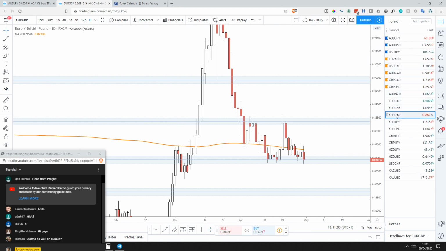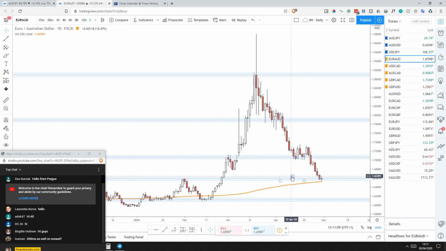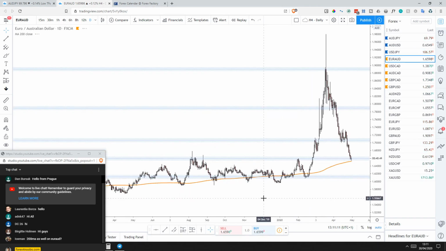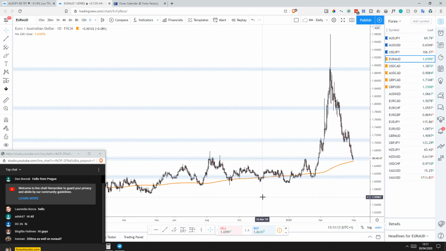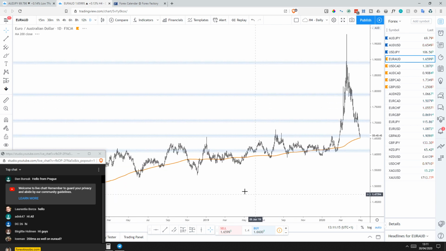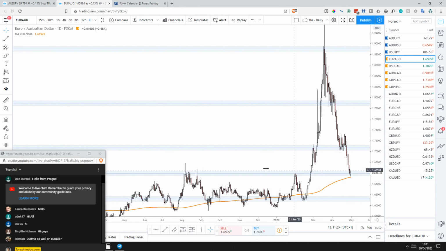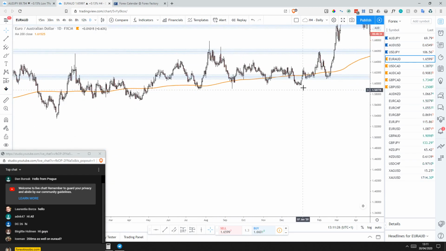I haven't really been using the 200 MA recently, which I probably should do more. But I don't really trust the 200 moving average very much on cross pairs. It just doesn't tend to work as well with cross pairs. You can see just by looking at it that, sure, sometimes it bounces from it, but most times it tends to just go through it by a fair bit.